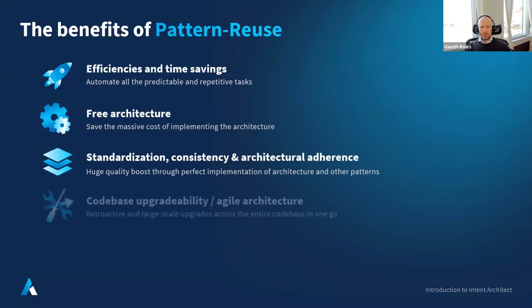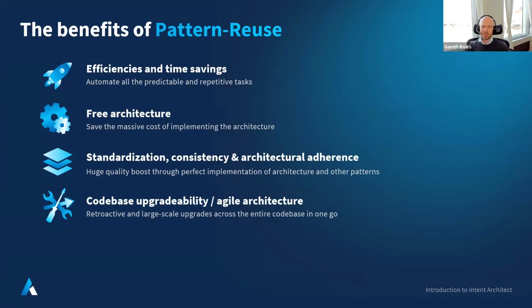And then pattern reuse allows us to retroactively upgrade the code bases to accommodate for the various inflection points we typically have on projects. So this is where, for example, we could upgrade to the latest version of technologies. We could upgrade to the latest patterns that teams want to follow and keep everything consistent. And so you get what we call code base upgradability through this. It doesn't really matter whether the code base is 10,000 lines of code or 10 million lines of code.